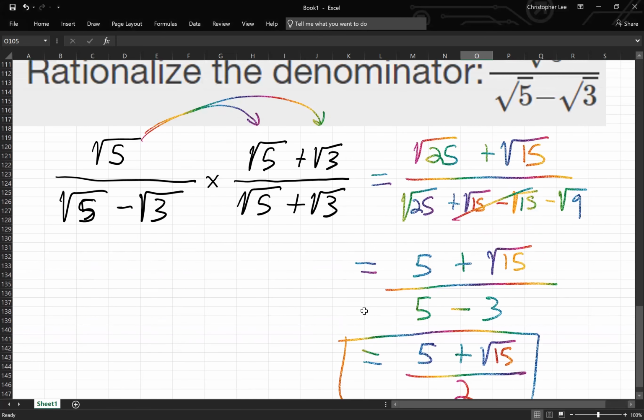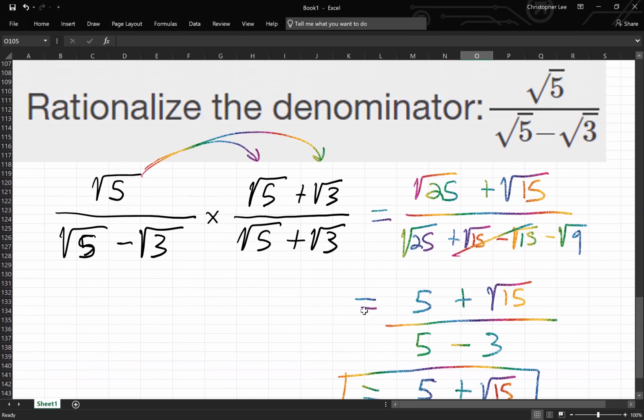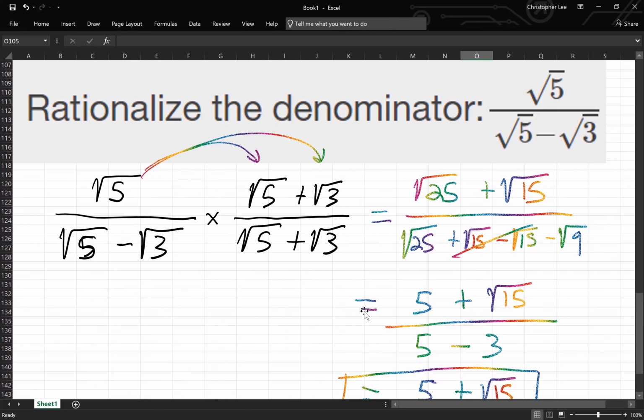This is rationalizing the denominator. How did you put the 5 plus square root 15 on the bottom? So what do you do when you have everything canceled out? When you add them, that's what cancels them out. But 25 and 9 at the bottom, what happens there? You square root it. The square root of 25 is 5 and the square root of 9 is 3.